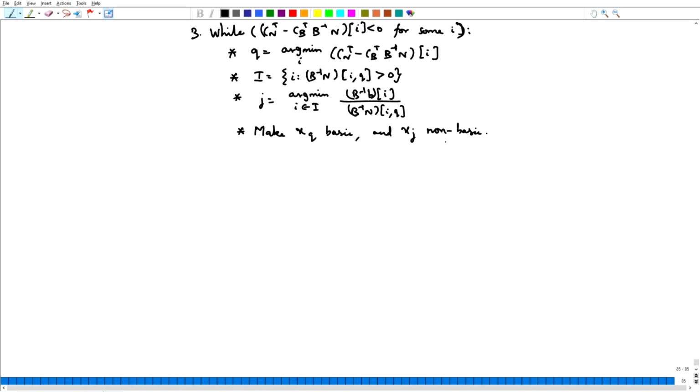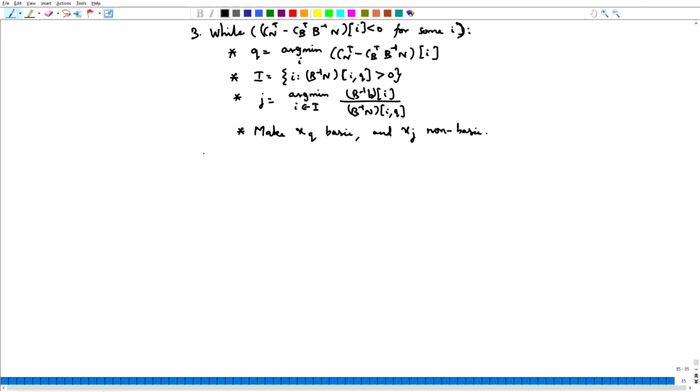And you can again continue this. Because now the set of basic variables and the non basic variables have changed, your c_N, c_B, B and N everything also changes. So, the loop continues.